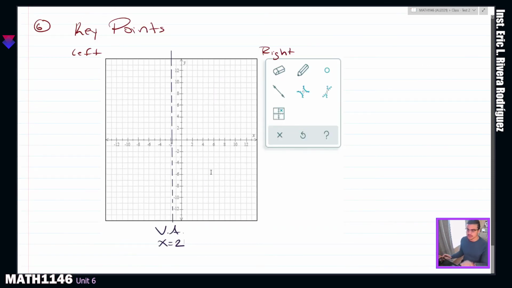So we need to find 2 points on the left side of the vertical asymptote and 2 points on the right side of the vertical asymptote.